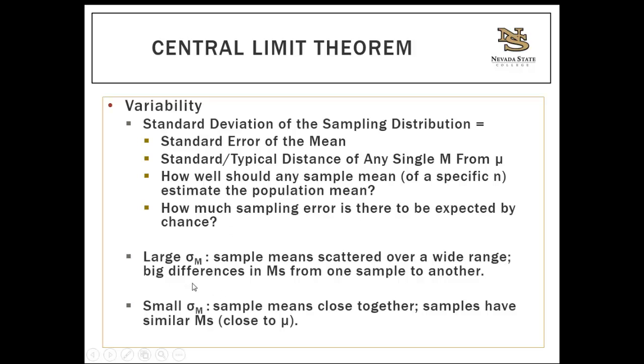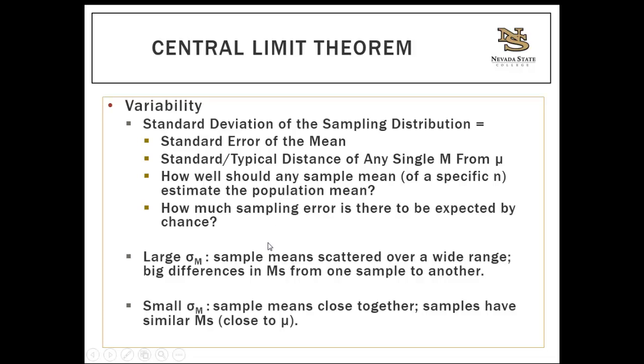All right. So if you have a large standard error, that means you have less consistent sample means. Your means are scattered over a wide range, and you could expect a large degree of sampling error. So you're not going to expect your sample means to be very close to your population mean. So that's a large standard error. Remember, with a large standard deviation, you had less consistent scores, more variability, more spread, more differences.